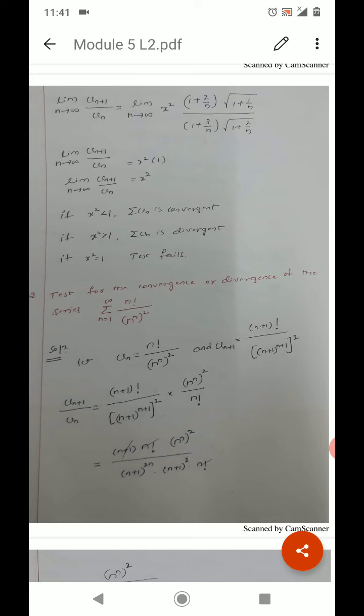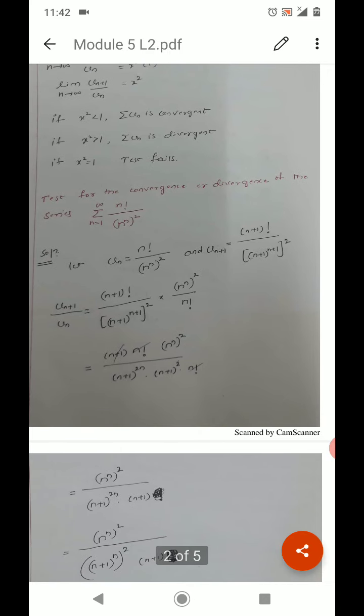So un plus 1 divided by un is equal to n plus 1 factorial divided by n plus 1 to the power n plus 1, whole power 2, taking the reciprocal of un, into n to the power n, whole to the power 2, divided by n factorial.